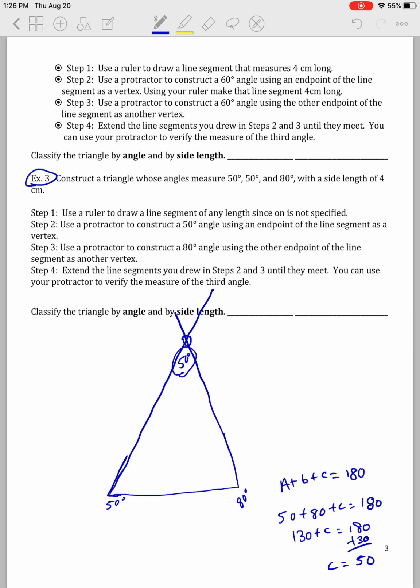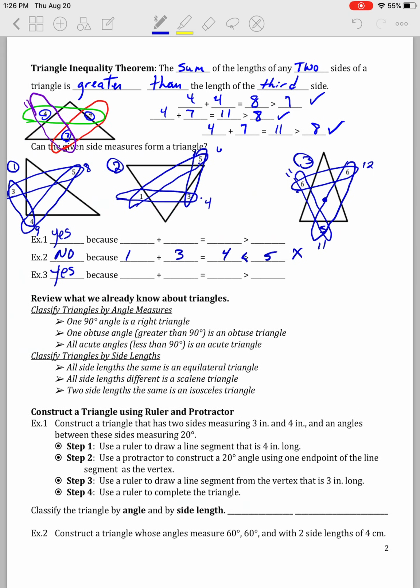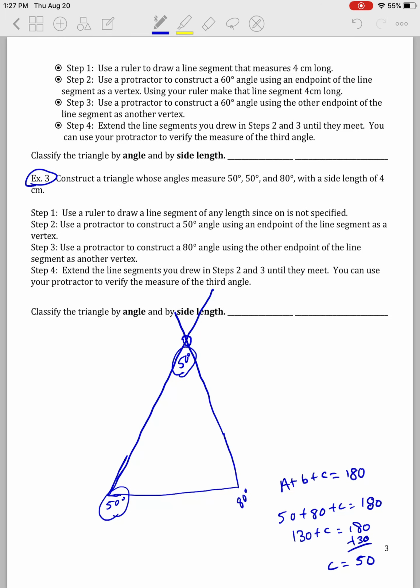We have two angles that match, right? So if we have two angles that match, let's go back over here. What does this say right here? Let's look at the angle measurements. All acute angles is less than 90 degrees. It's going to be an acute triangle. So we know that we're at an acute triangle, right? All three are less than 90.